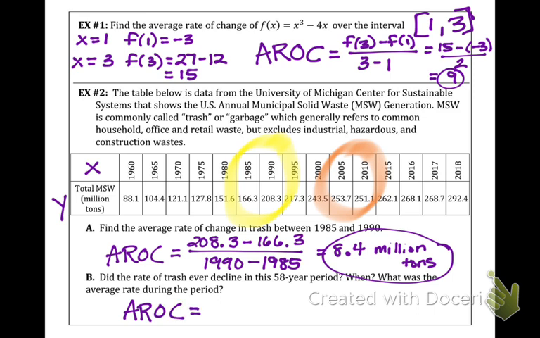So if we do 251.1 minus 253.7 all over 2010 minus 2005. When we do that math out, we get negative 0.52 million tons.